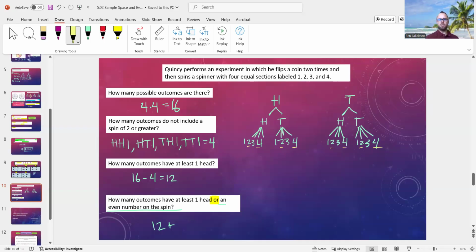But are we counting all of those? No, right? Remember, we already counted all of these. These all have heads, so we're not counting any of those. We're only counting the 2 here, right? So plus 2 is 14. And that, my friends, is it for today.